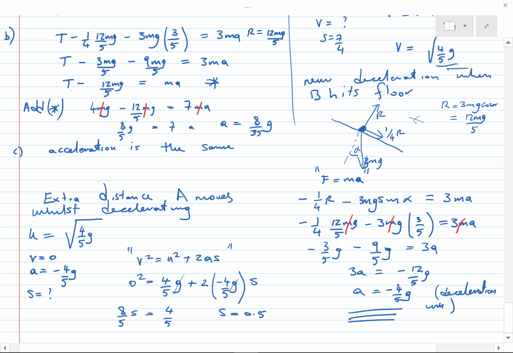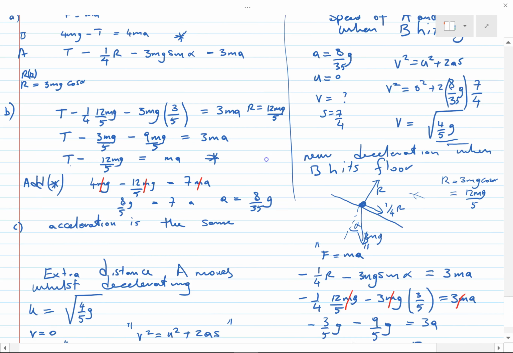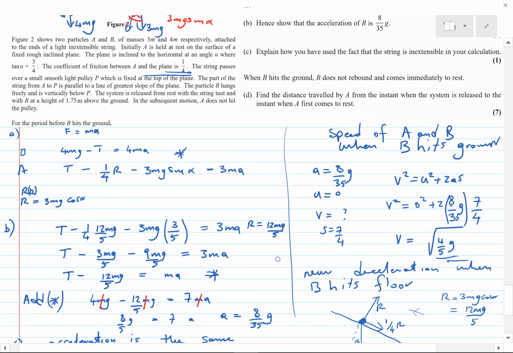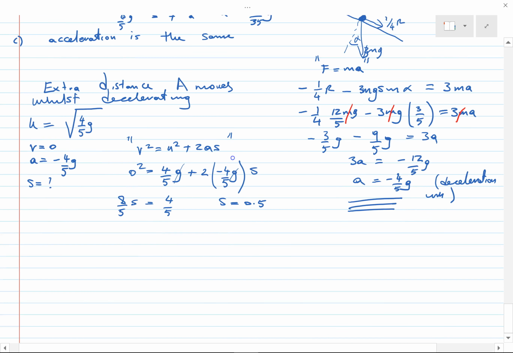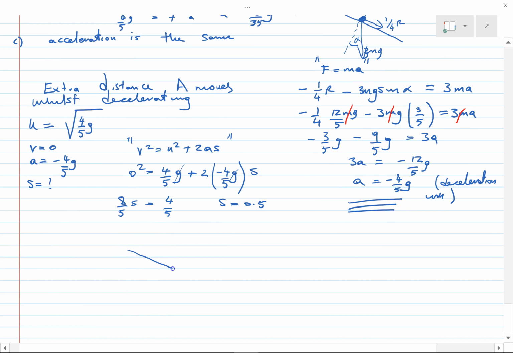But do answer the question. It's quite a common one. If people have done so much work, often they don't answer the question. It says find the distance travelled from the instant when it's released. Well, it will have already moved 1.75 meters upwards while it was accelerating, and then it's gone this extra 0.5.